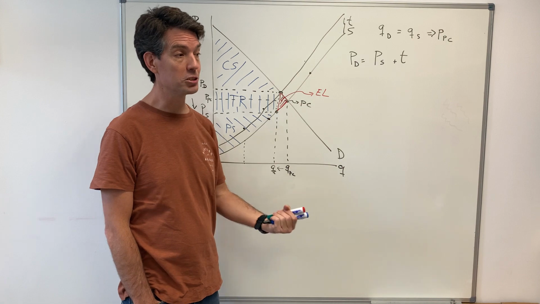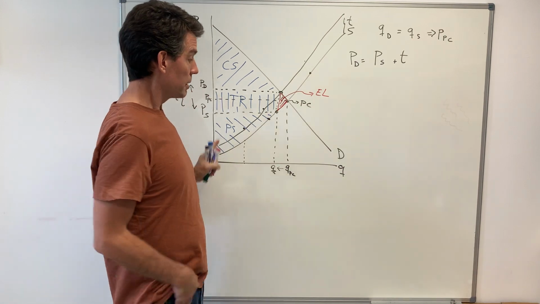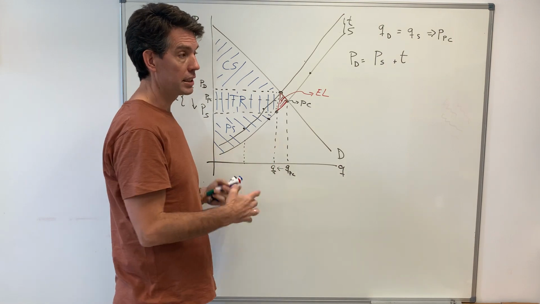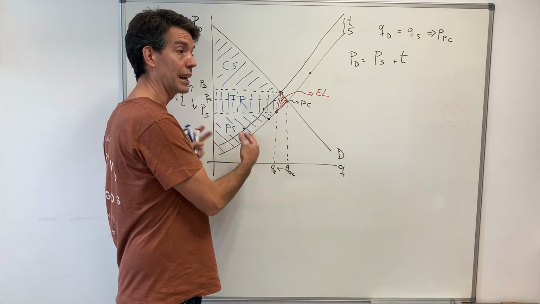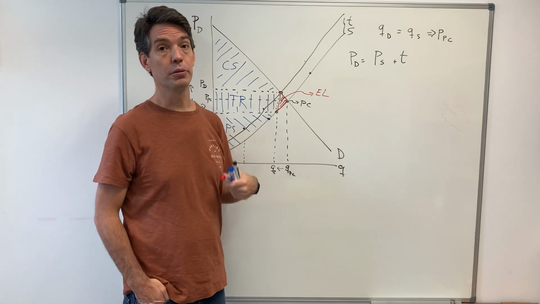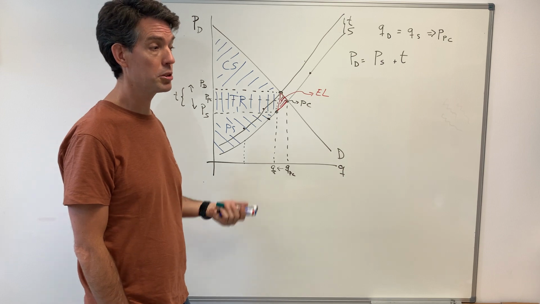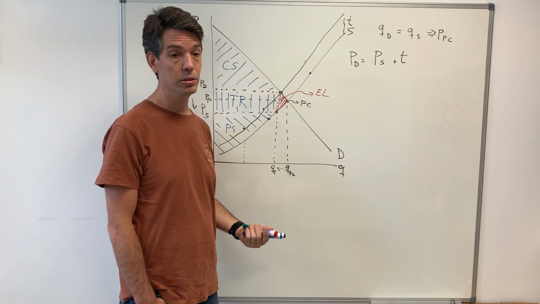So you are not going to change consumption so much. What you're going to do if the elasticity is low is, given that the quantity consumed is going to still be quite high, you're going to get a lot of tax revenue. So it seems like this is good in terms of getting a lot of tax revenue, not so much in terms of reducing consumption if the elasticity of demand is low.